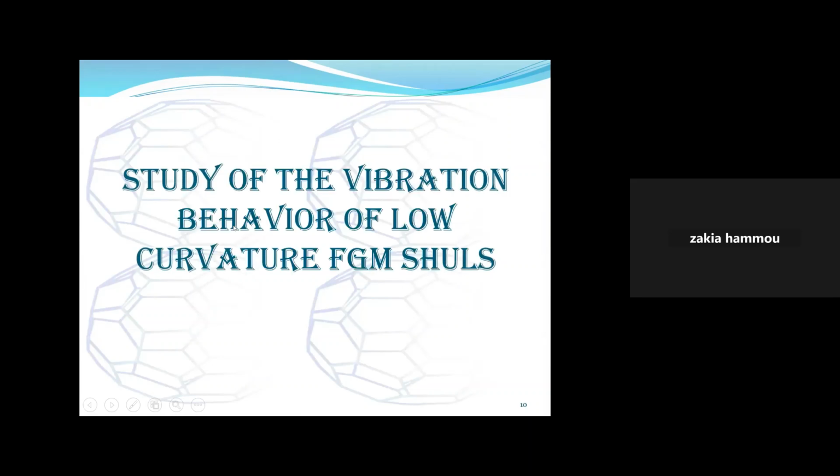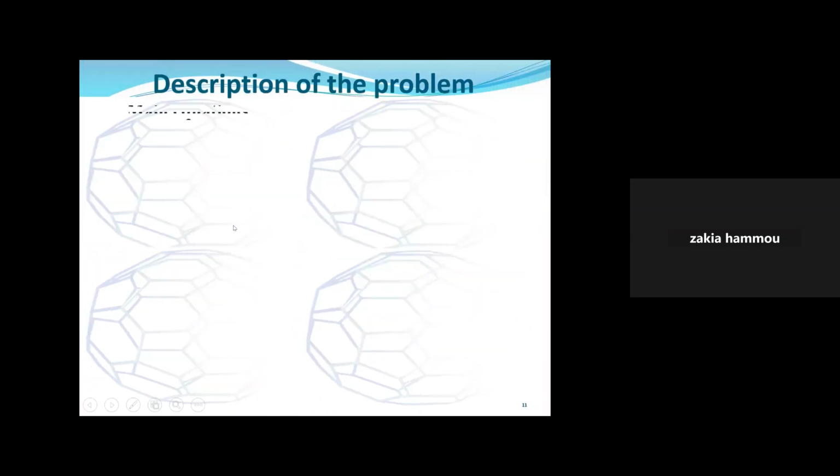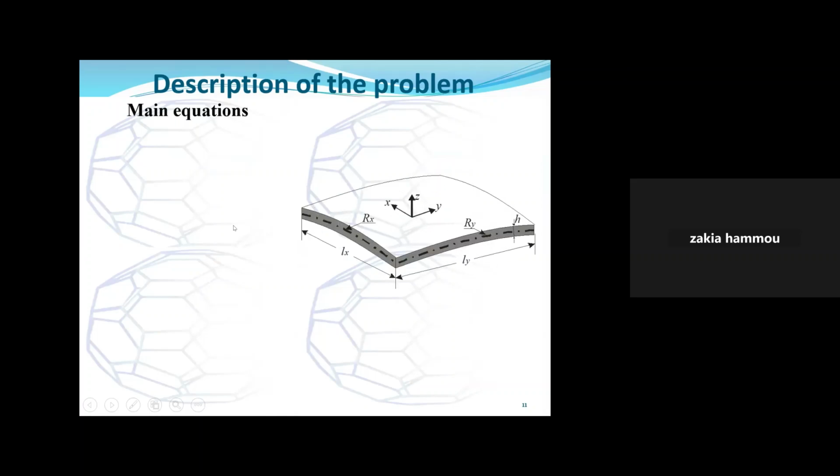In this part, we study the vibration behavior of low curvature FGM shells. The description of the problem and the geometry of the low curvature shell of the FG-CNTs is shown in Cartesian coordinates in this slide.